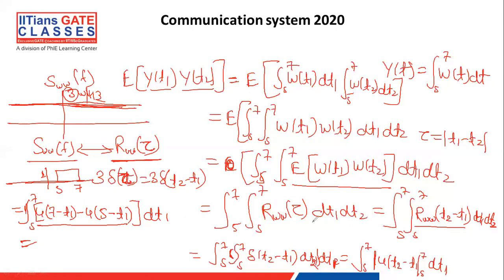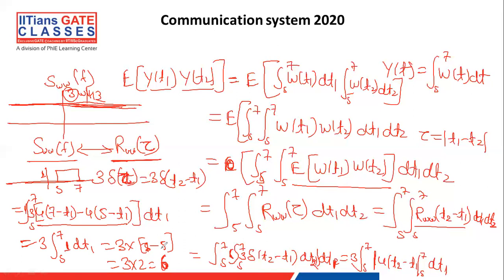Okay, there is one thing missing here. I missed this 3. This 3 will continue. So 3 into the integral from 5 to 7, and its value is 1 from 5 to 7, dt1. This will give you 3 into (7 minus 5). That will be 3 into 2 equals 6.